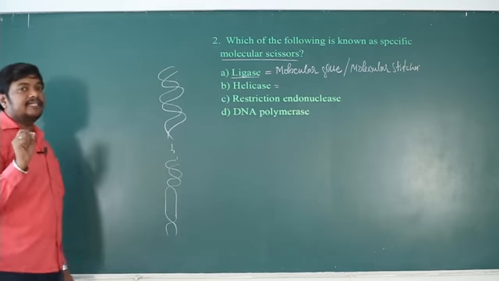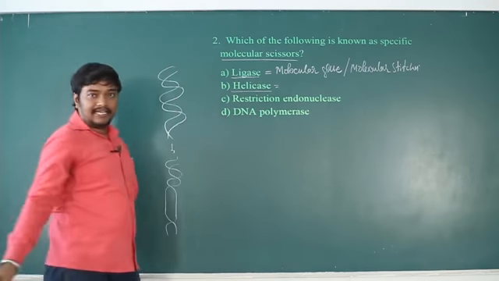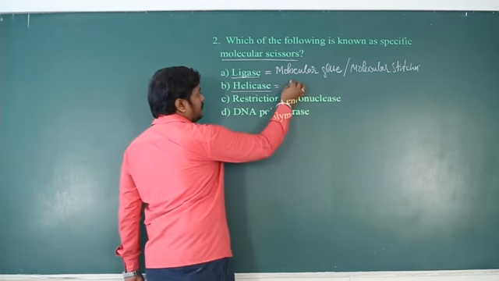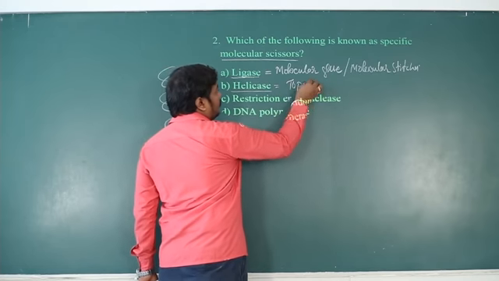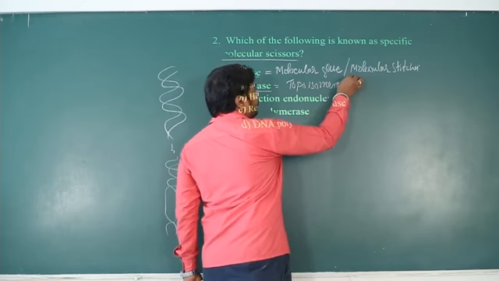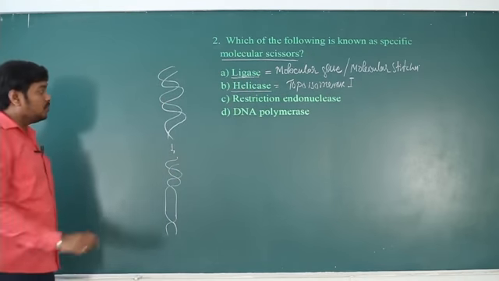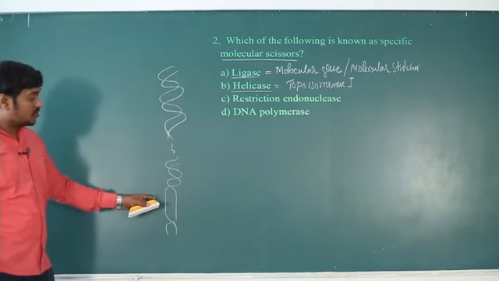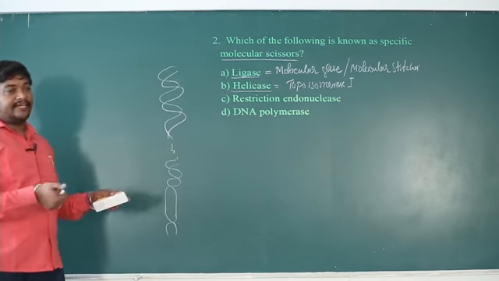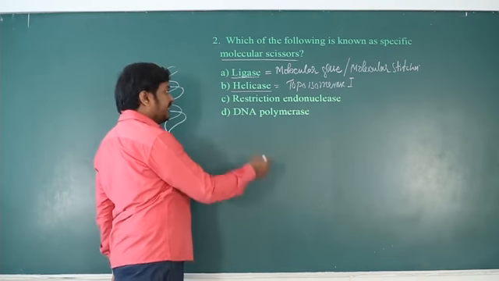That unwinding enzyme is called helicase. It is also called topoisomerase 1. Similarly, topoisomerase 2 is there that removes the super twists or super coilings caused during DNA unwinding. So helicase is the unwinding enzyme.